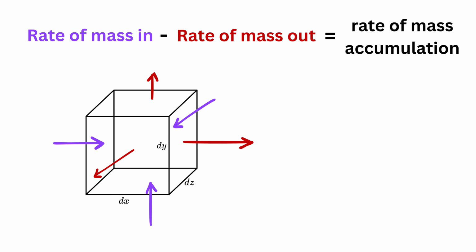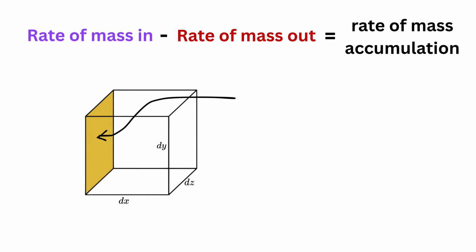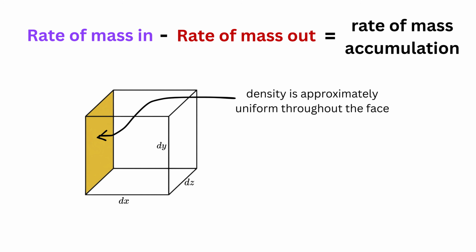Thus, the first question that comes to our mind is, how do we calculate net mass flow rate into this box? Before we proceed further, note that on any face of the box, we treat density as uniform over that face, because the face itself is infinitesimally small. So variation within the face is negligible, and that's why we use a single value of rho there.